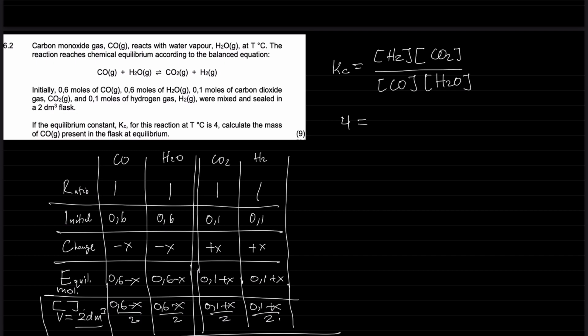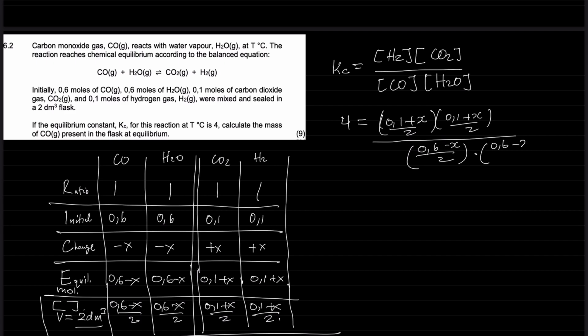In terms of X, we can substitute into our Kc formula. So here we're going to have, let's use a round bracket, 0.1 plus X divided by 2, multiplied by 0.1 plus X divided by 2, and here 0.6 minus X divided by 2 multiplied by 0.6 minus X divided by 2.